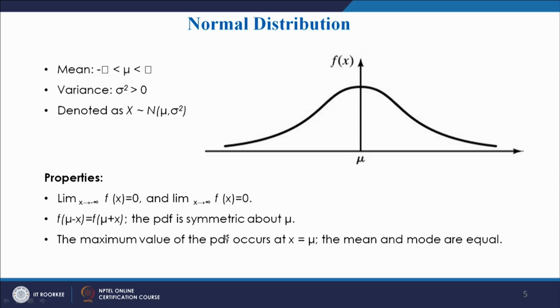The normal distribution is symmetric about mu, and the maximum value of the PDF occurs at x equal to mu. So this is the mean as well as the mode. In this case, mean and mode are both equal. Now, in this case, what do we get?